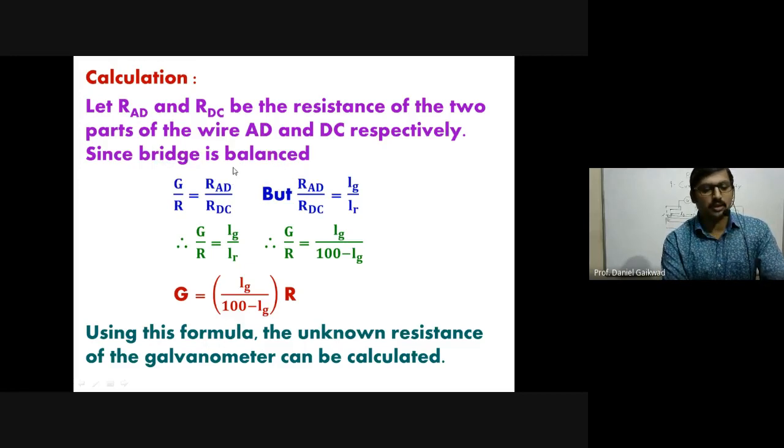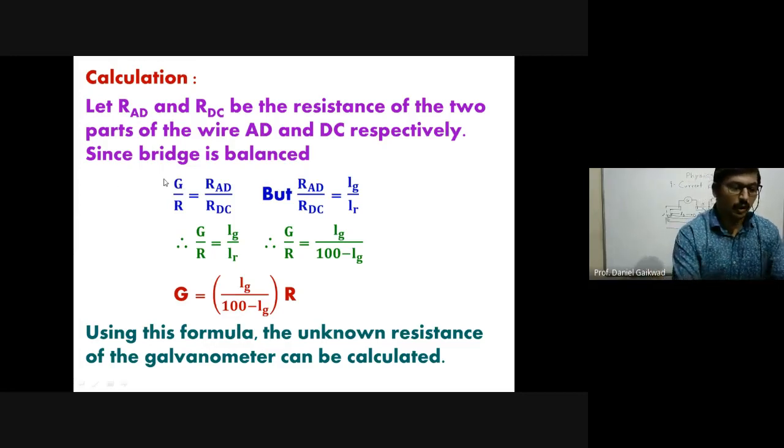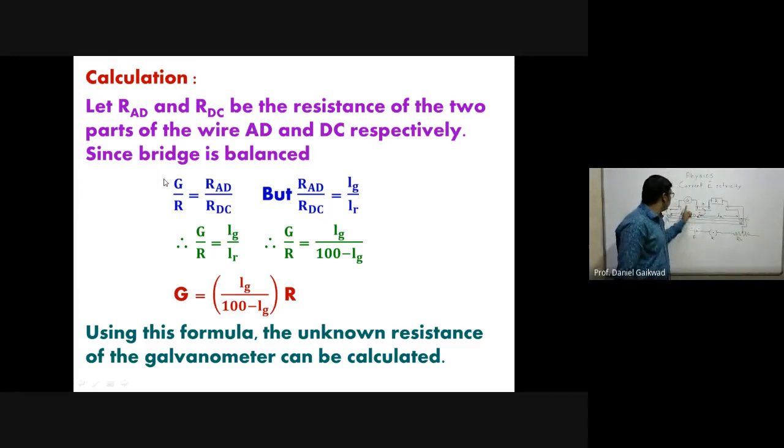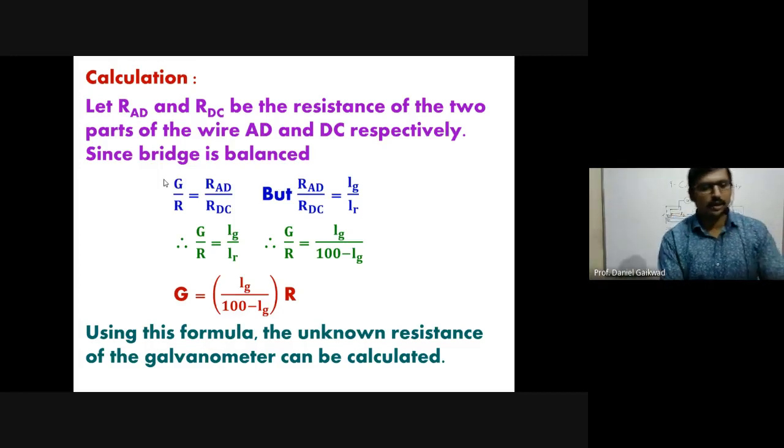The balancing condition of the bridge, as in the Wheatstone meter bridge, is P upon Q equals R upon S. So we have galvanometer resistance G divided by R, and resistance of length LG divided by resistance of length LR. So in the formula, G upon R is equal to RAD divided by RDC.